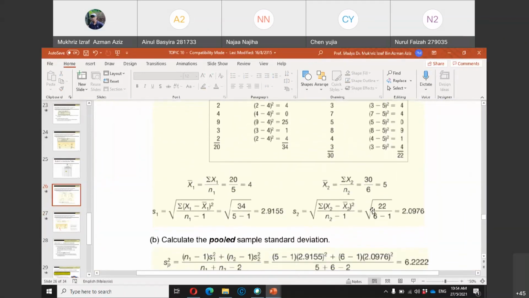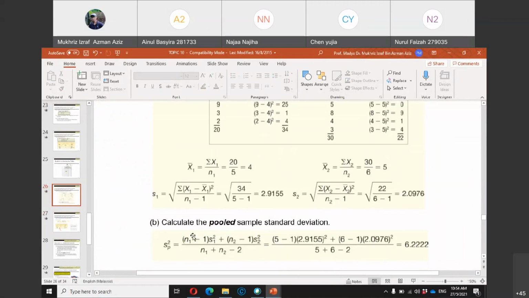If you look at the solutions here, N1 minus 1 multiplied by the variance of sample number 1, until the end. You can see how it is applied here, simple and straightforward. The first one will be N minus 1, 5 minus 1. For Wellis, there are 5 samples, multiplied by 2.9155 squared, followed by sample number 2.